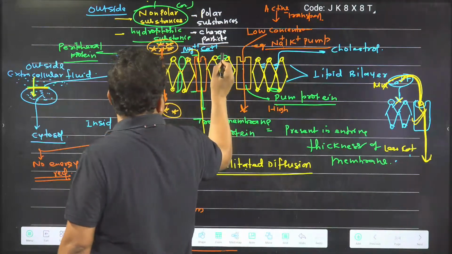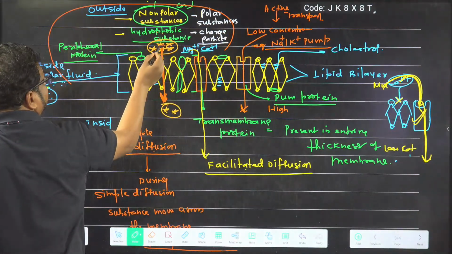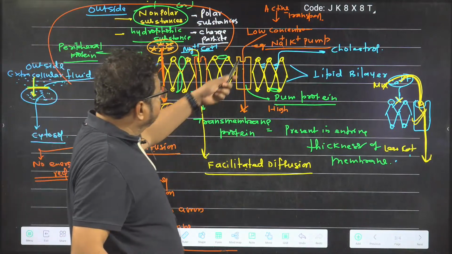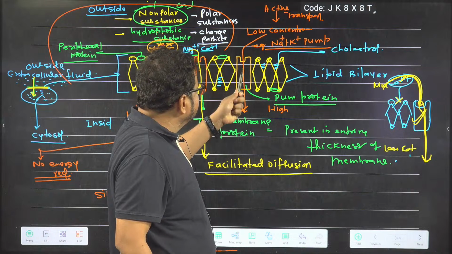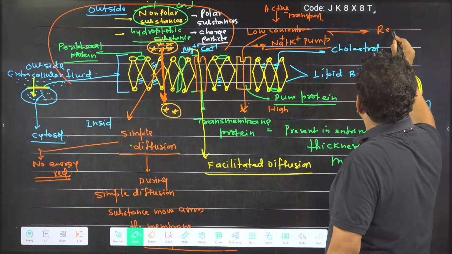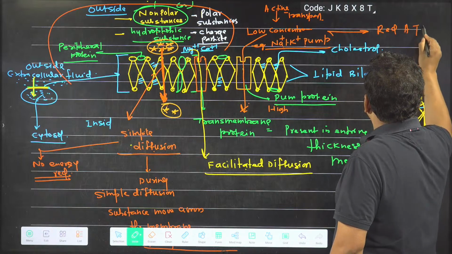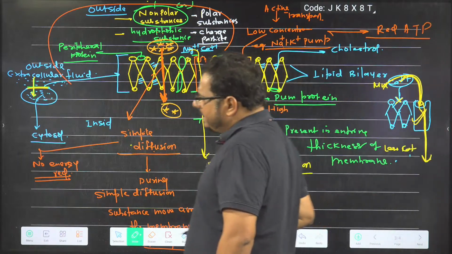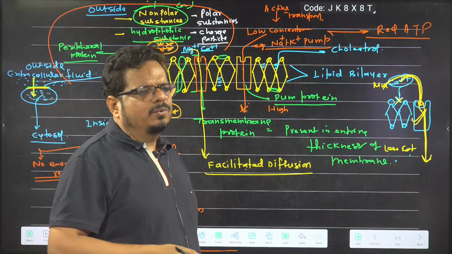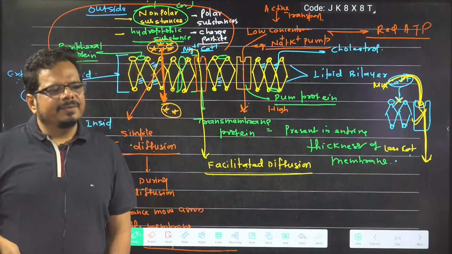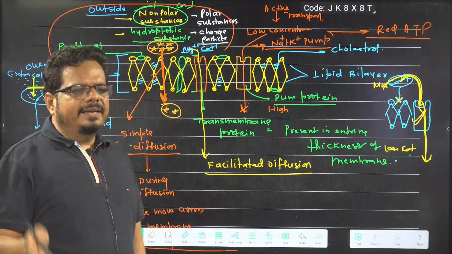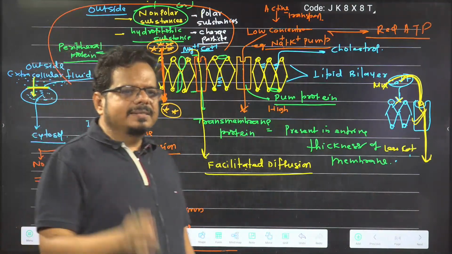Simple diffusion and facilitated diffusion are passive processes, and the sodium potassium pump comes under the example of active process. It requires energy, requires ATP. So you got the basic difference between simple diffusion, facilitated diffusion and active transport or not? Did you understand the differences or not?